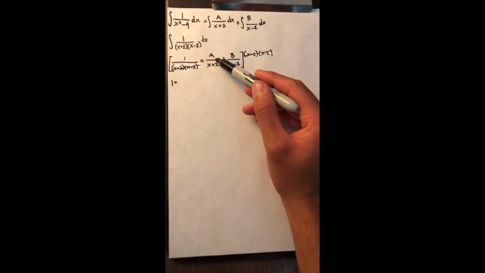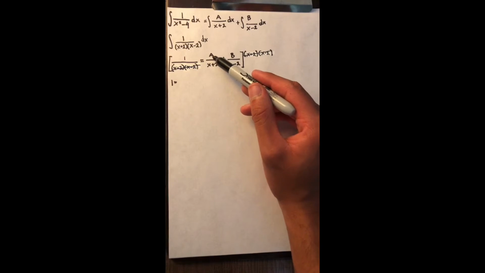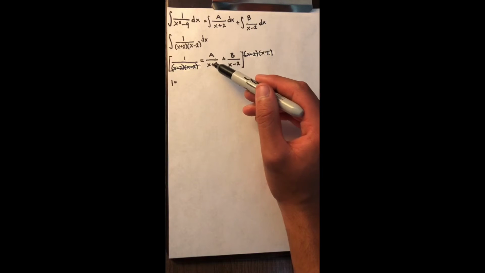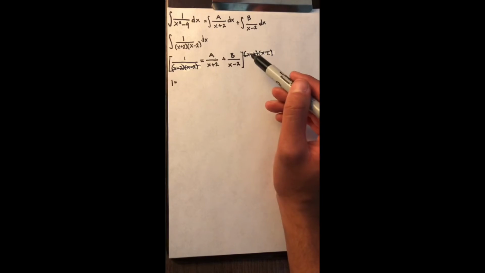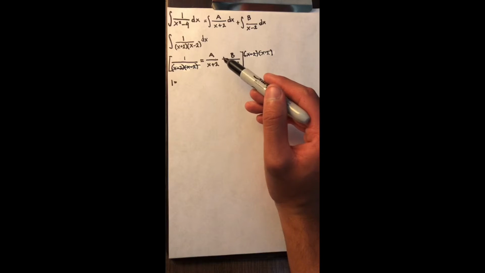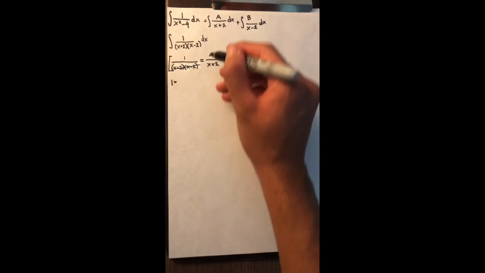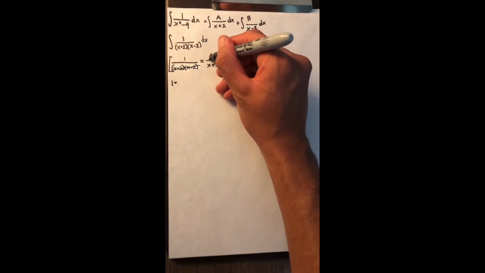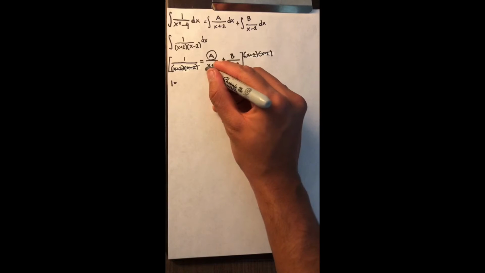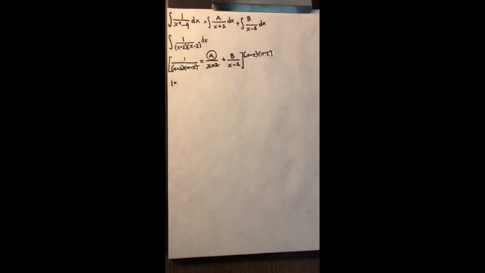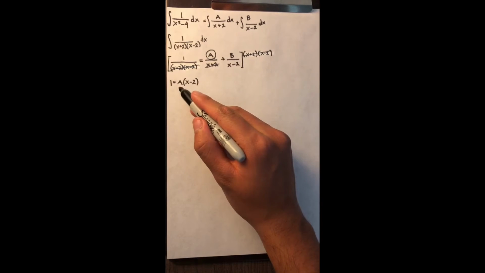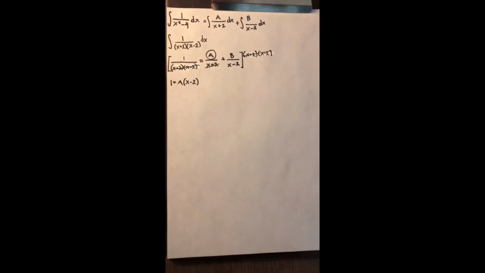If we take a over x plus 2 and multiply it by x plus 2, then the x plus 2 factors cancel, and this is going to be only a, multiplied by x minus 2.